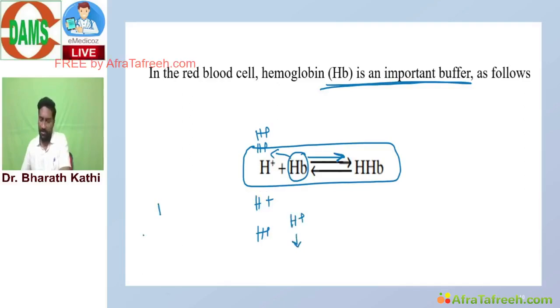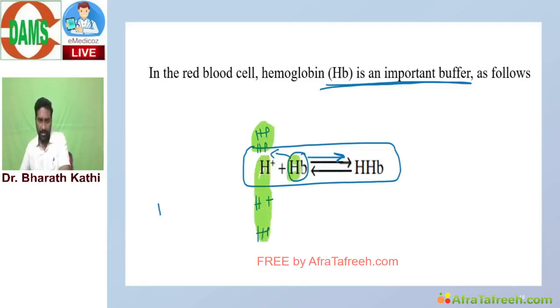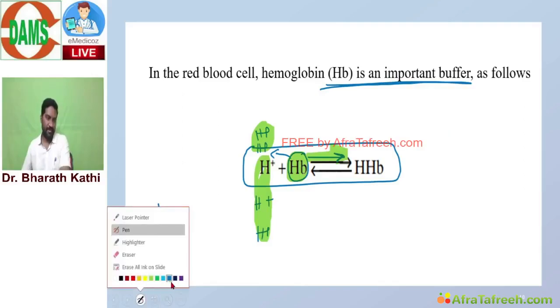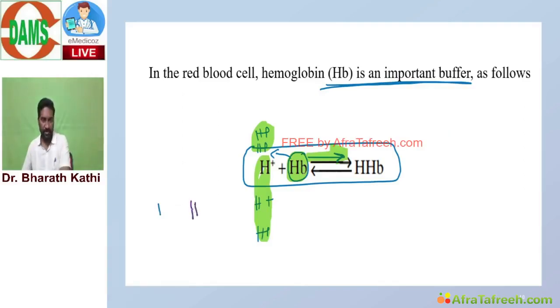Let us say this is the first scenario, when there is excess H plus in your body. Now hemoglobin binds with H plus and the reaction will travel in this direction. Because hemoglobin is binding with H plus, the change in pH can be prevented. Now suppose because of some disease there is significantly low H plus.